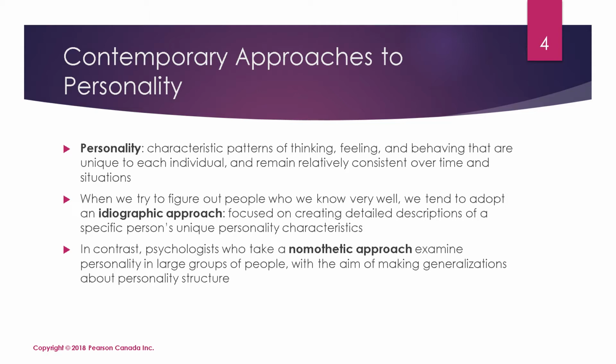So they examine personality in large groups of people with the aim of making generalizations about personality structure. So idiographic is focused on the individual and uncovering the basics of their personality and how it was shaped, whereas the nomothetic approach is more relevant to larger groups of people and trends across groups, not focused on the individual.